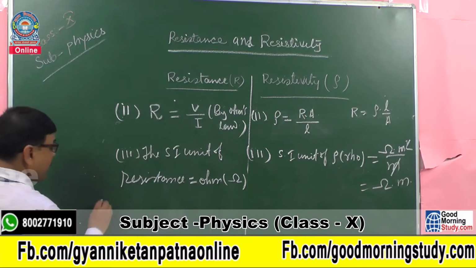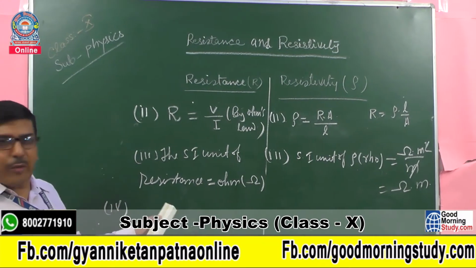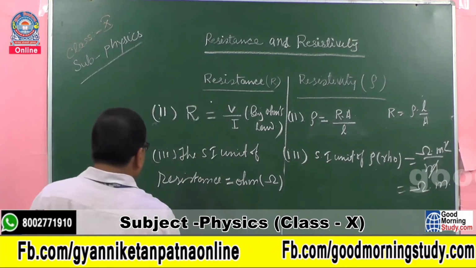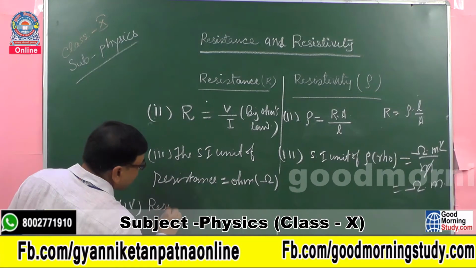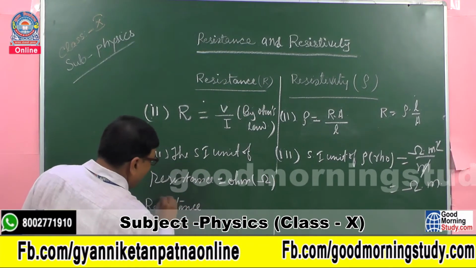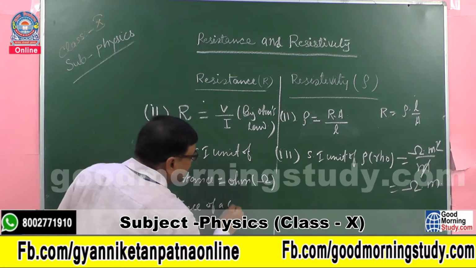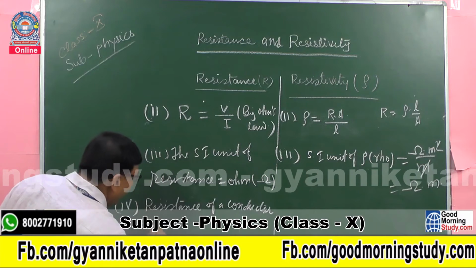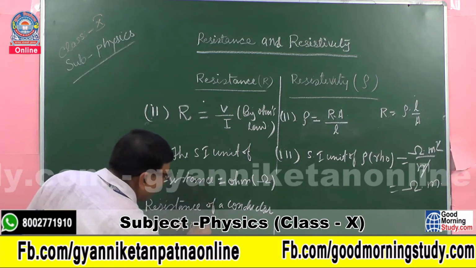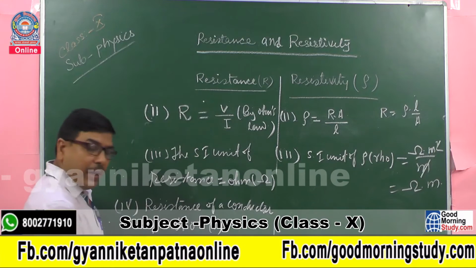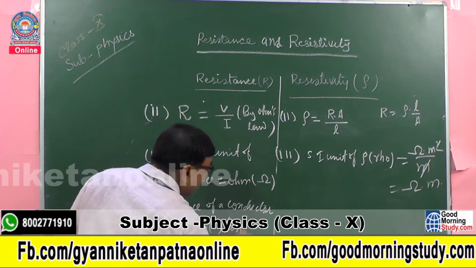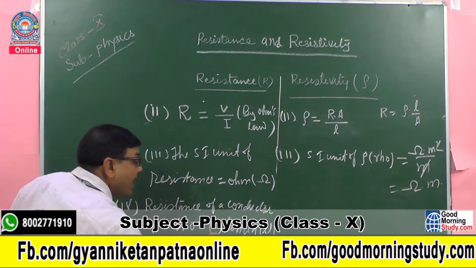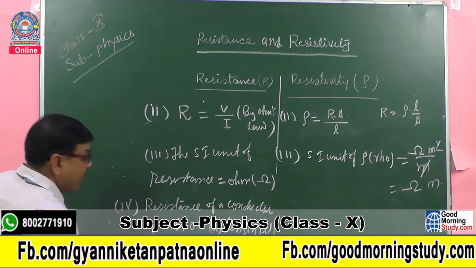Fourth point, very important. What are the factors on which the resistance of a conductor depends? So R, that means the resistance of a conductor, depends on point 1, length; in second, you have to write a here because I have written 1, 2, 3.